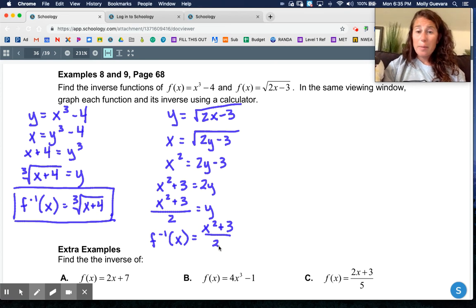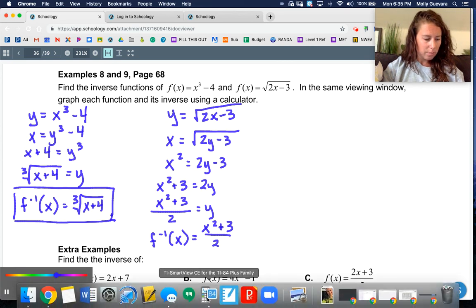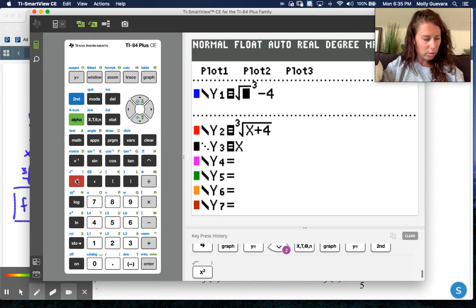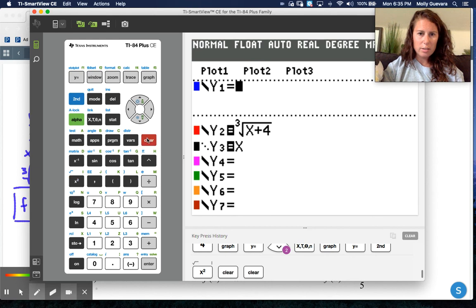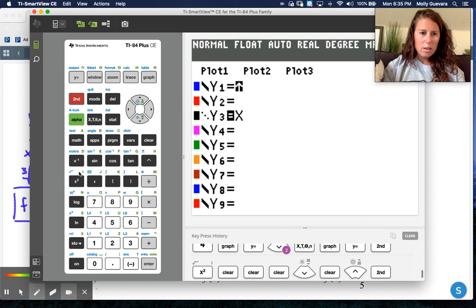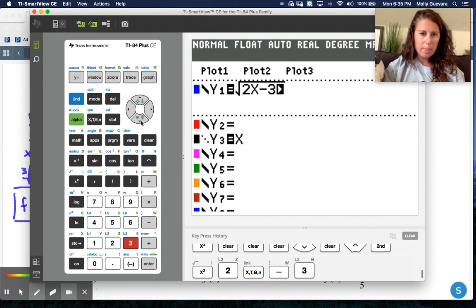So again, I'm going to go back to my calculator, and we're going to look at this. So I'm going to graph the original function up top, which is the square root. Actually, I'm just going to clear it because I don't want to make a mess. Okay, the square root of 2x minus 3.